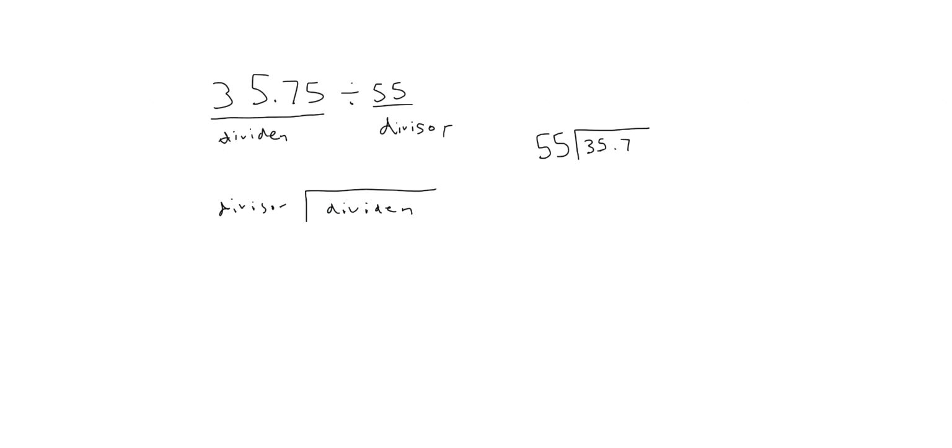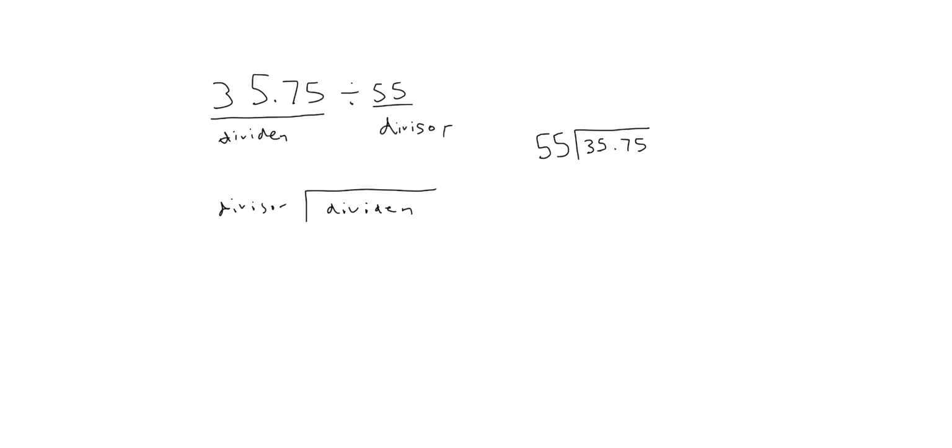Now, here's the thing with dividing decimals. You have to keep dividing until your remainder is a zero. Your remainder must be a zero, or your remainder continues to repeat. We don't have to worry about the decimal right now because the divisor, which is 55, has no decimal.